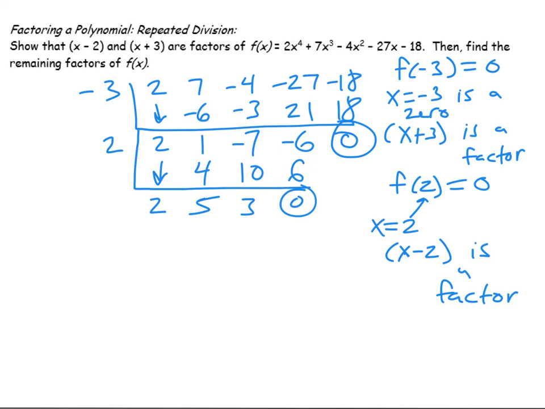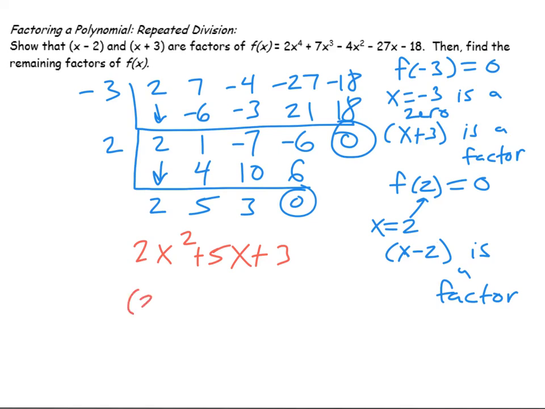Because remember, in terms of finding zeros, things get nice and simple once we have a quadratic. We've got one. 2 rounds of synthetic division reduce the power 2 times. So what I have left down here is 2x squared plus 5x plus 3.